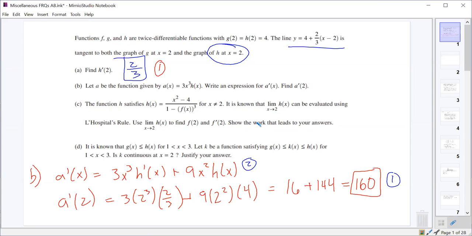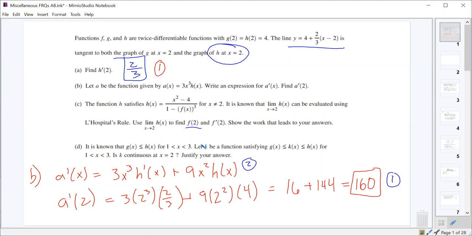So we want to find f of 2 to begin with. Since we know that this is 0 over 0, we should be able to figure out the value of f of 2 here, right?